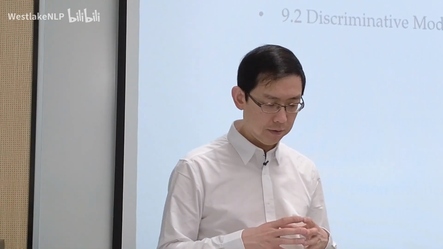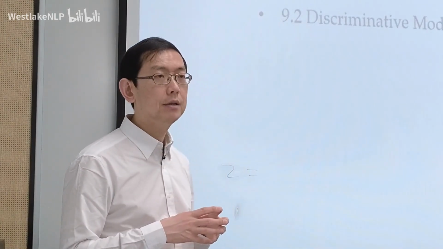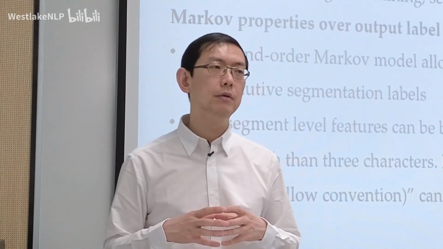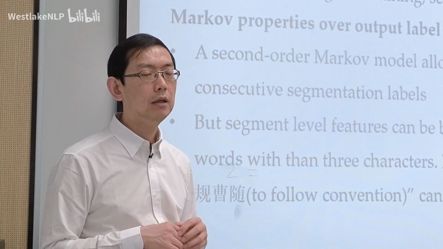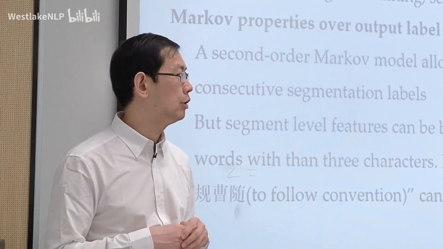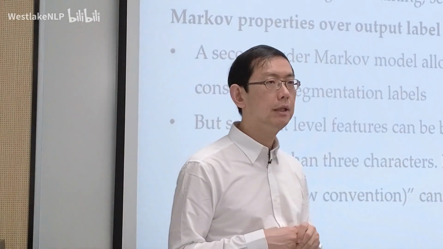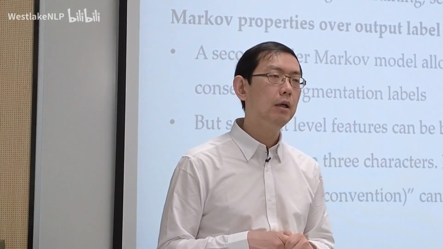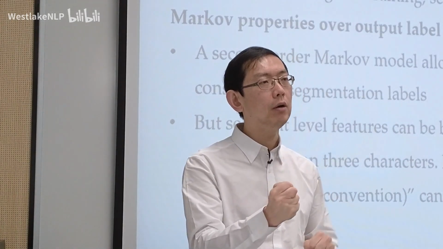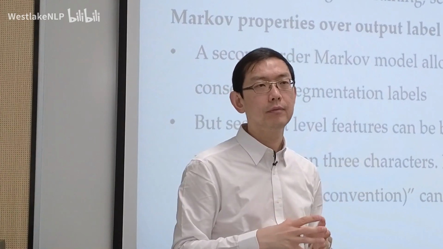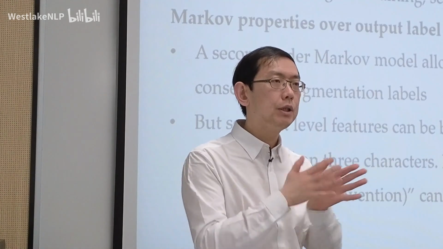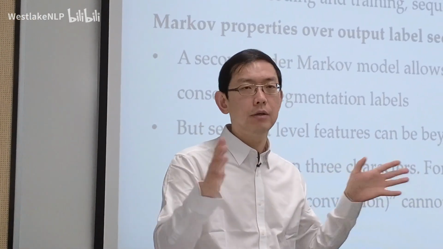Why do we need sequence segmentation models? It's because for sequence labeling, our features must conform to Markov characteristics. In other words, we assume that the sequence labels conform to first order Markov properties, so each label will depend only on the previous label. What could be the complication? Well, your segments are not constrained to one label.